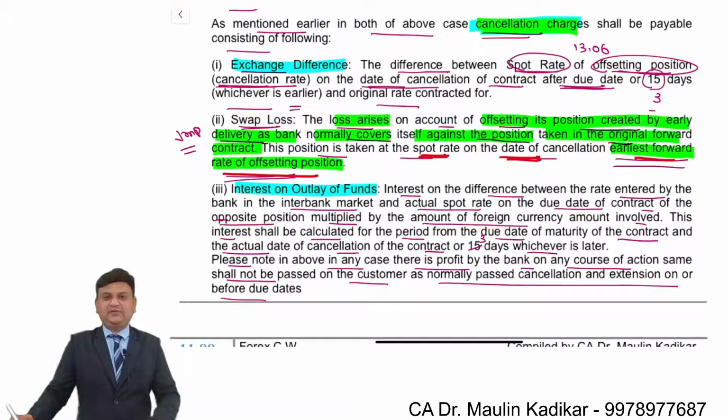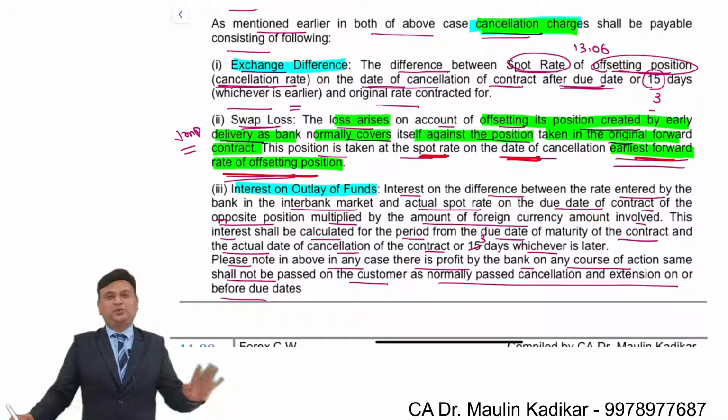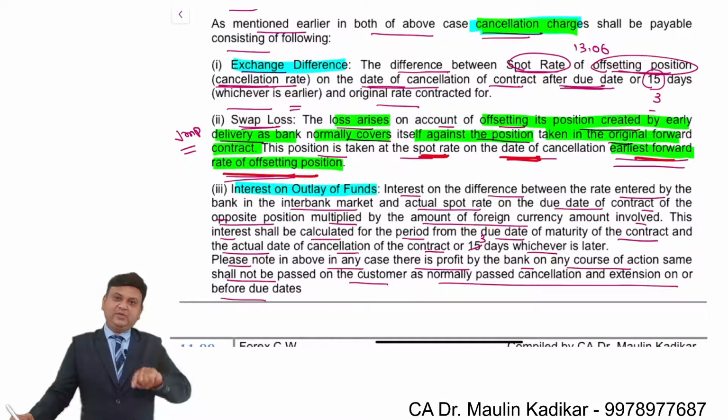Because if the customer does not come within 3 days, it will automatically get cancelled on the 4th day at the prevailing spot exchange rate. As a bank, I will wait for 3 days. If you do not come within 3 days, on the 4th day it will get automatically cancelled.